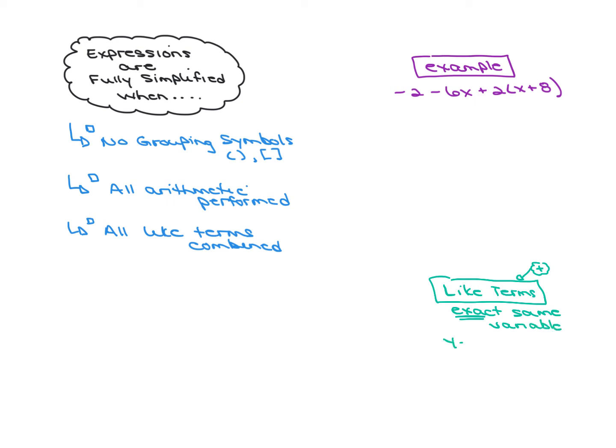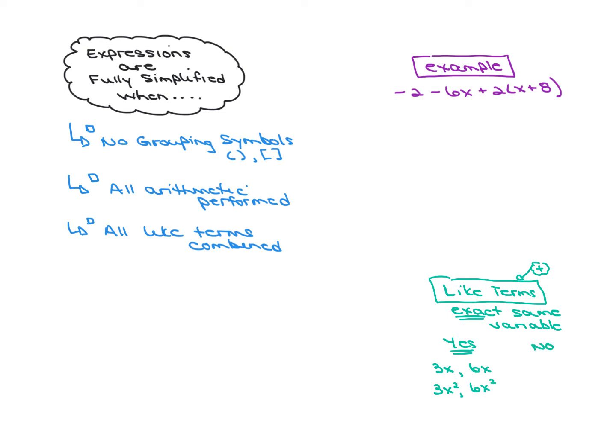Here are some cases of things that are like terms, 3x and 6x. They both have an x. 3x squared and 6x squared. Their variables are both x squared.